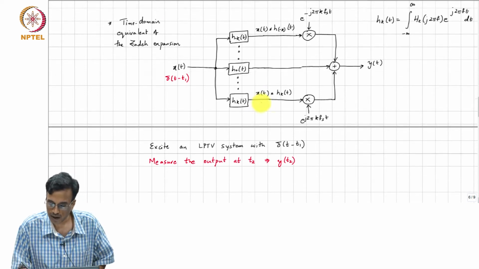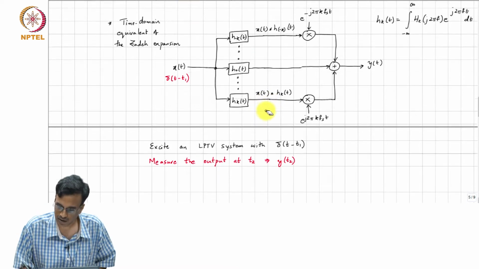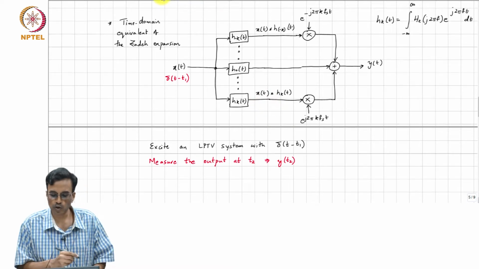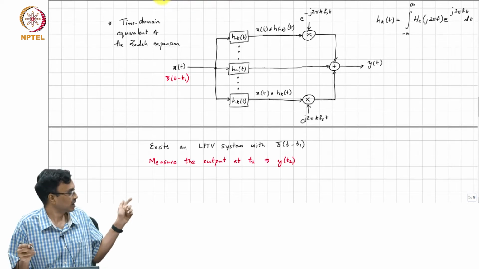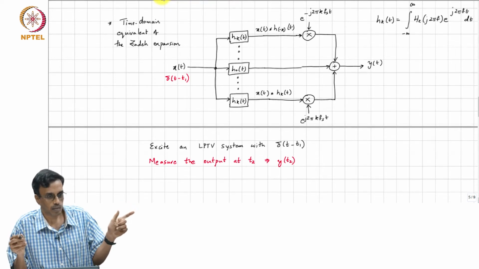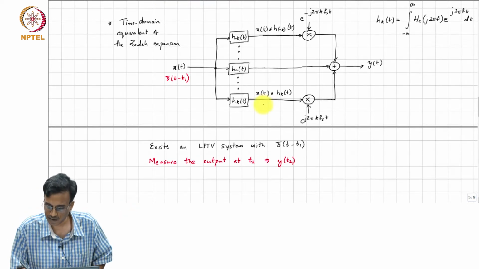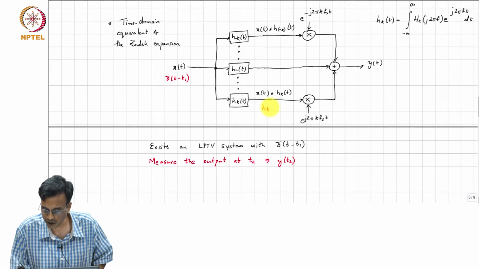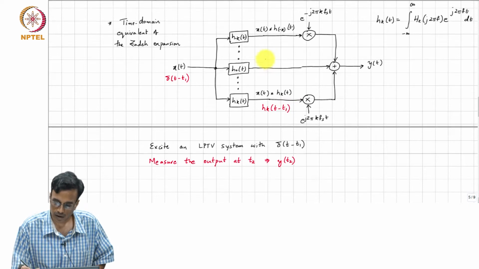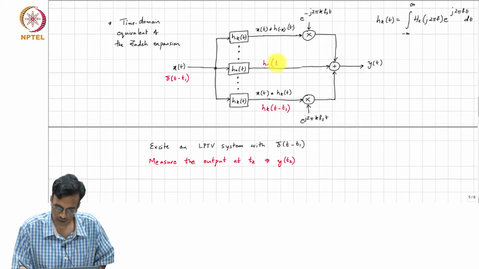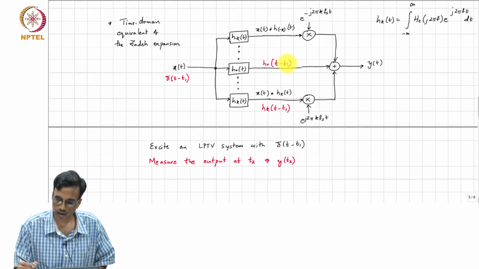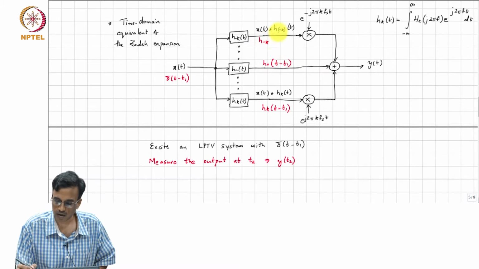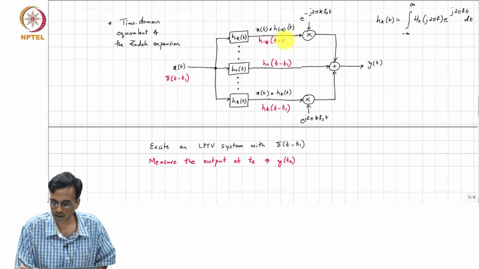What if I excite the system with delta of t minus t1? Excite a time invariant filter with an impulse at 0, it gives you h k of t. Now, you are exciting it with an impulse at t1, because the h sub k is time invariant, you will get h sub k of t minus t1. Here you will get h 0 of t minus t1, here you will get h minus k of t minus t1.